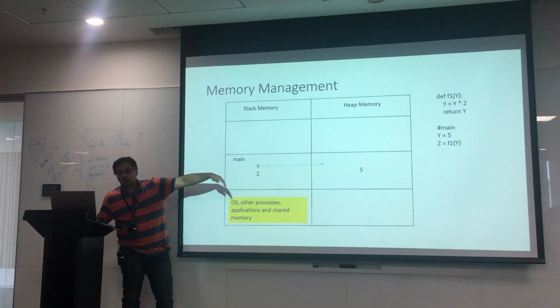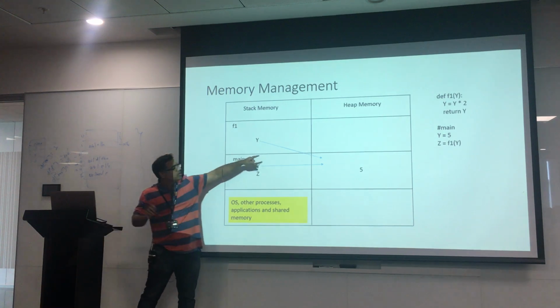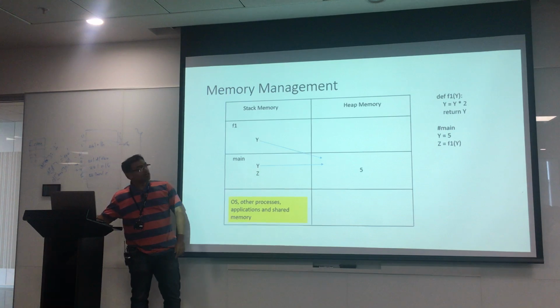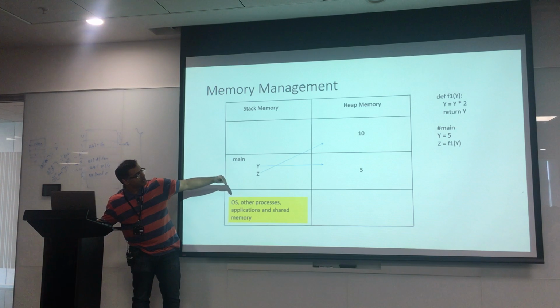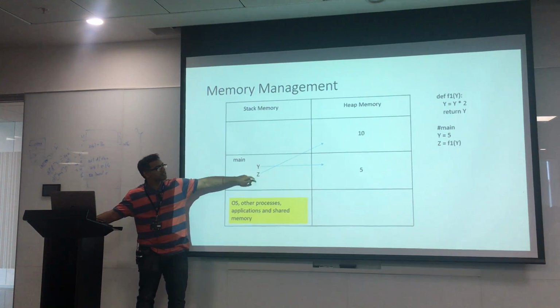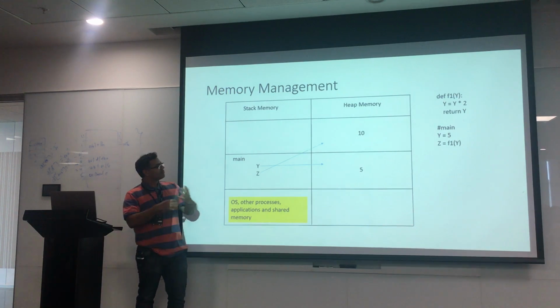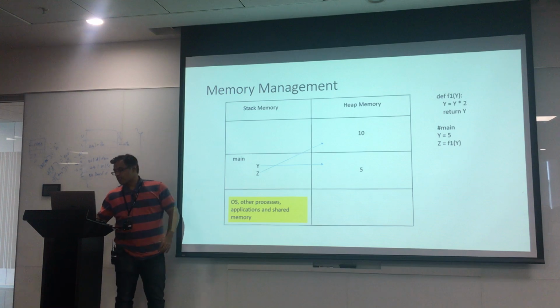When you say z is equal to some function, it pushes that function on top. The value that's passed to it will now point to 5. When you do some operation, it points to that. When you return it, this now points to that. That's just a very high level of how memory is managed in Python.